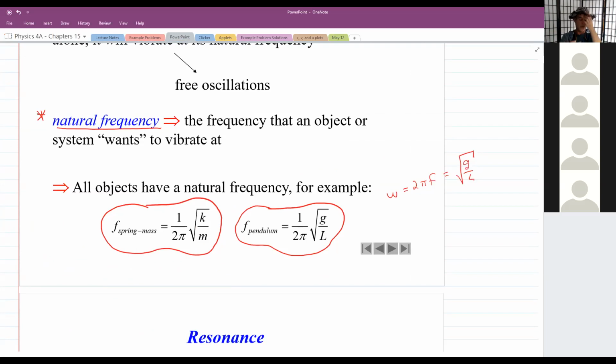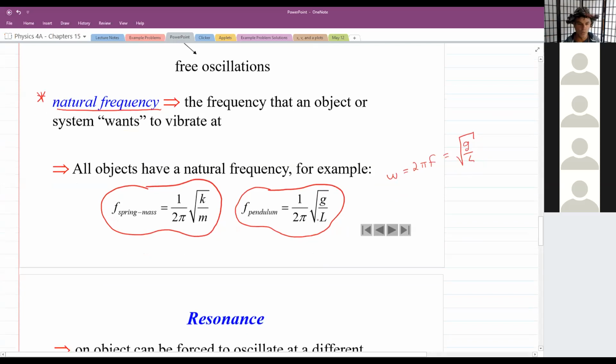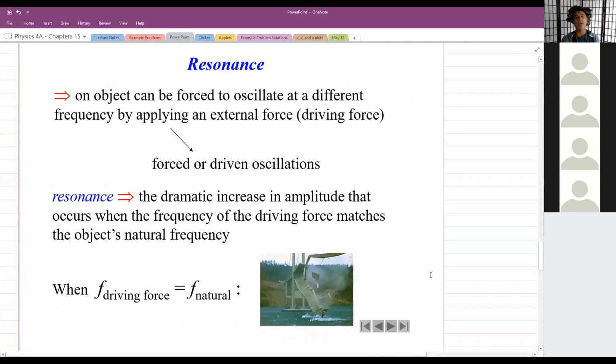So I take my daughter to the park, pull her up, let her go. She's naturally going to oscillate back and forth at a certain frequency that's only going to depend upon the length and g. Well, could I make an object oscillate at a different frequency other than its natural frequency? And the answer is yes.